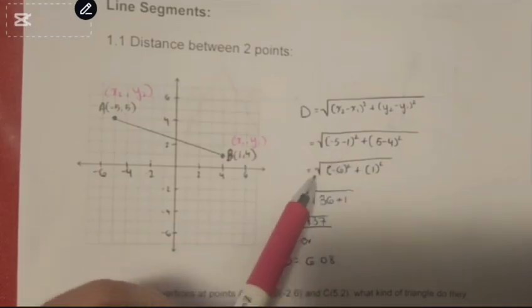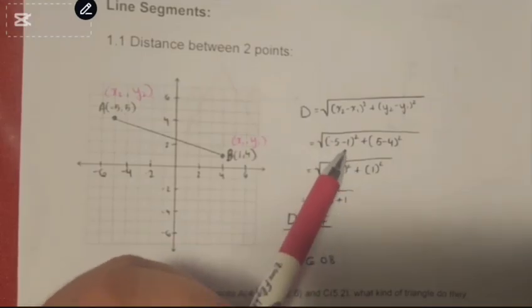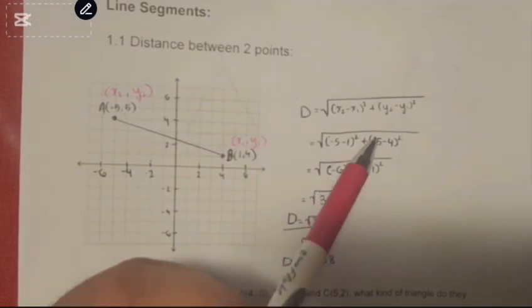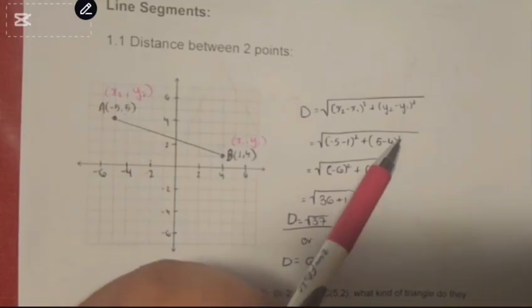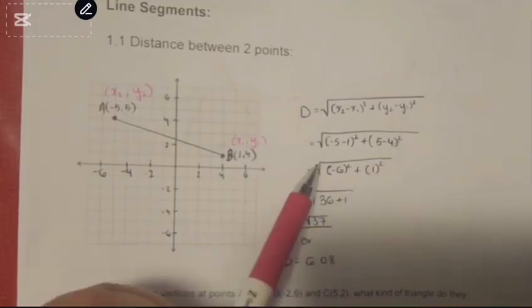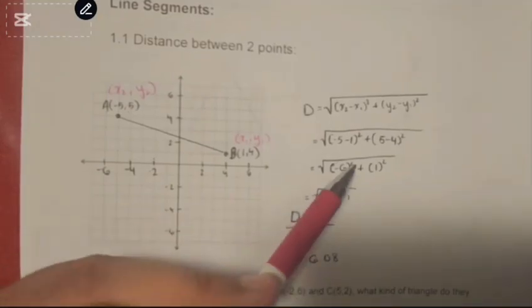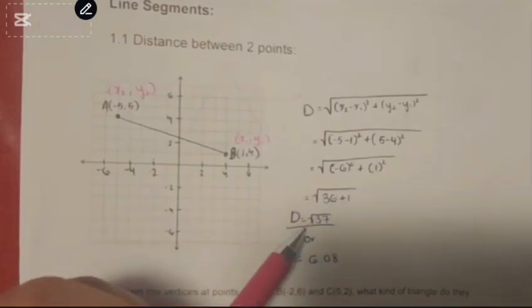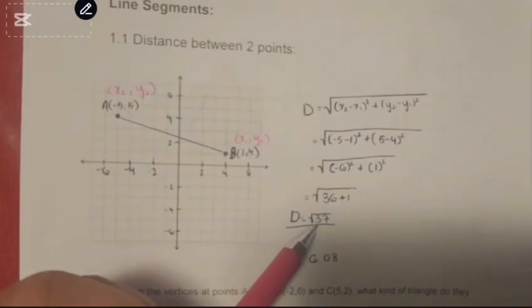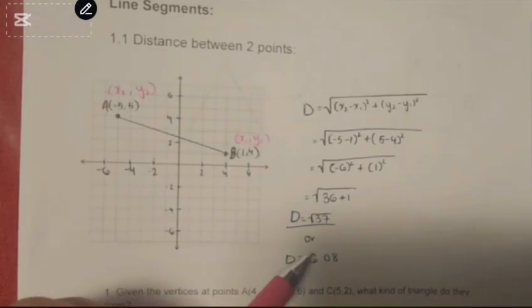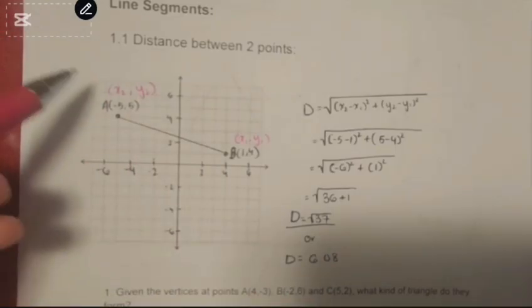As we go on, we'll see minus 5 minus 1 is minus 6 all to the power of 2 plus 5 minus 4 all to the power of 2 is 1 squared. So minus 6 to the power of 2 becomes 36 plus 1 squared becomes 1, and we get d is equal to the root 37, or if we wanted to put it in decimal form, d is equal to 6.08. So now we can see how the distance formula is used.